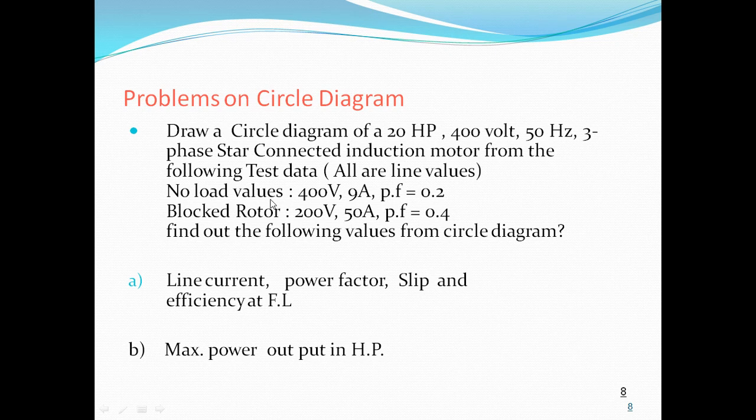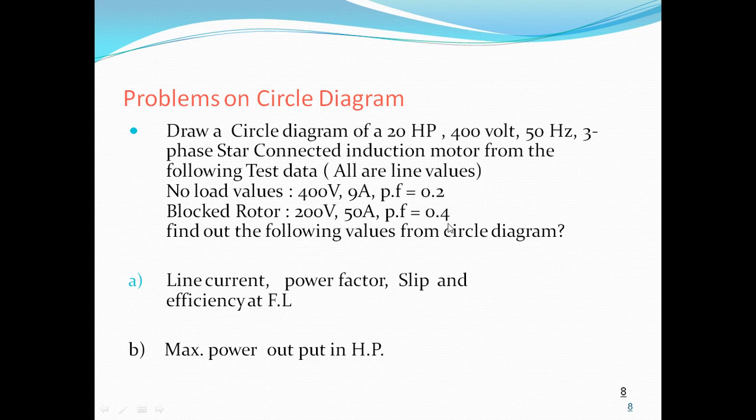That is the no load values: V naught is 400 volts, I naught, the no load current, is 9 amps, and cos phi naught is 0.2. From this we can calculate the phi naught value. Similarly, for the blocked rotor test, the short circuit voltage VSC is 200 volts, ISC is 50 amps, and cos phi s is 0.4.